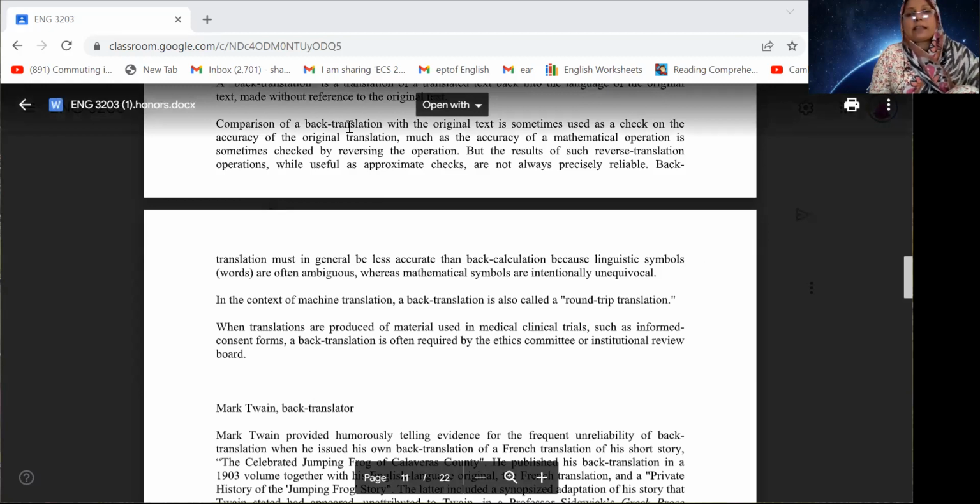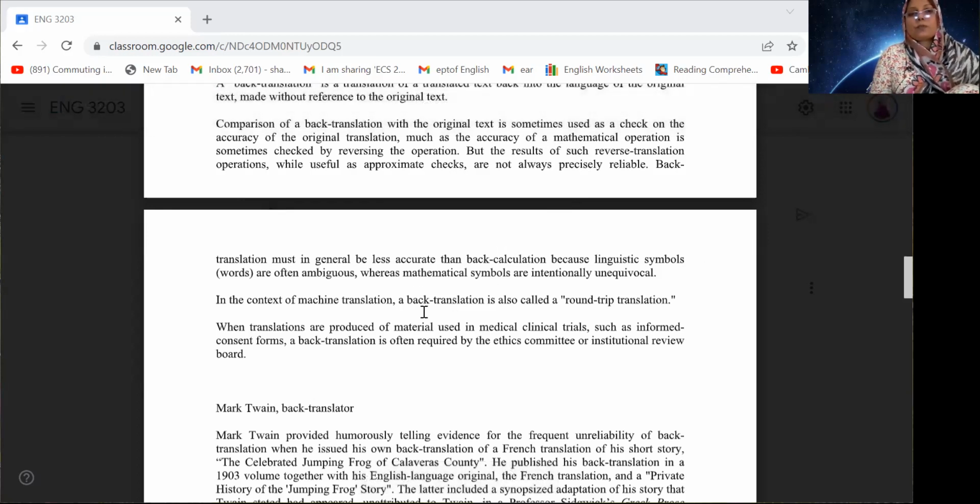Why is it used? As a check on the accuracy of the original translation. The original translation is justified through back translation.